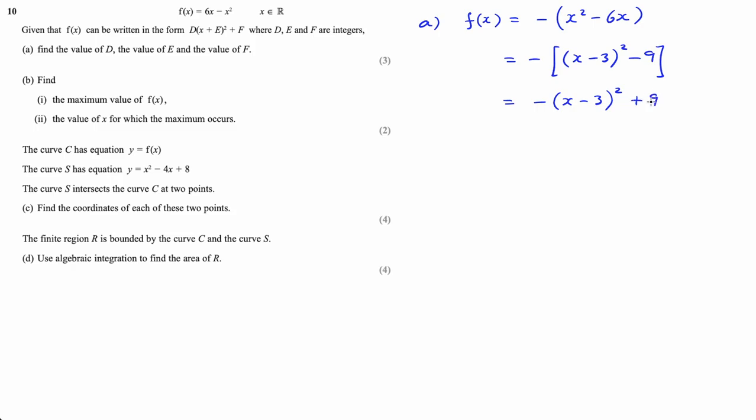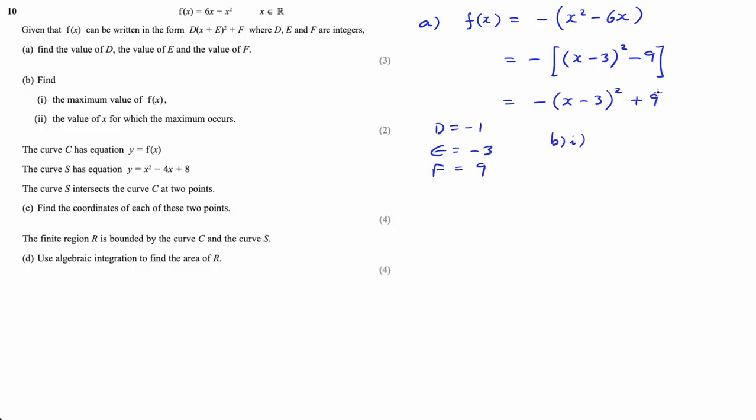So that means d, e, and f. So d equals -1, e equals -3, and f equals 9. Okay. Then he says find the maximum value of f of x. Well, guys, if you know how this all works, the maximum value is 9.